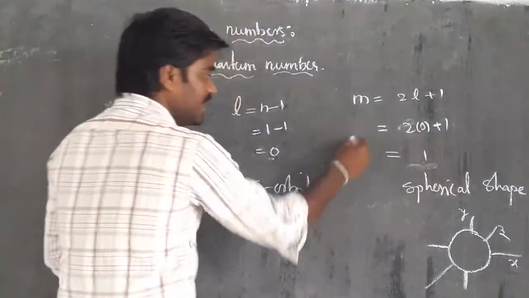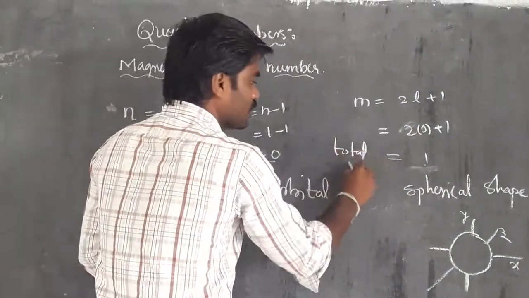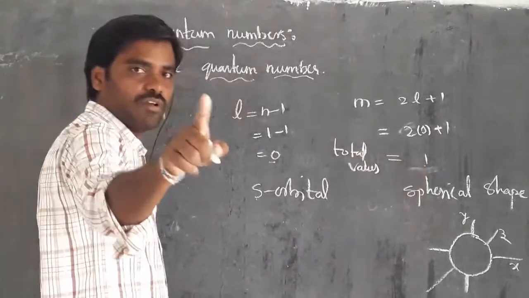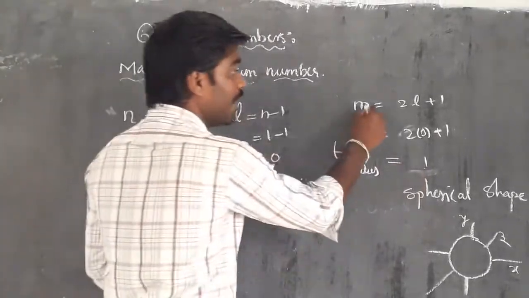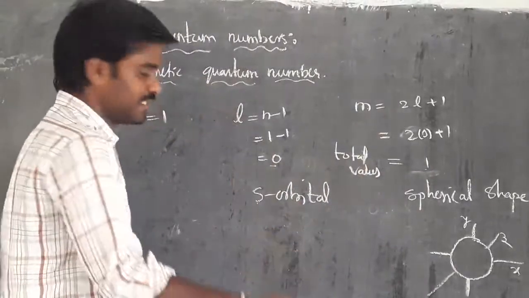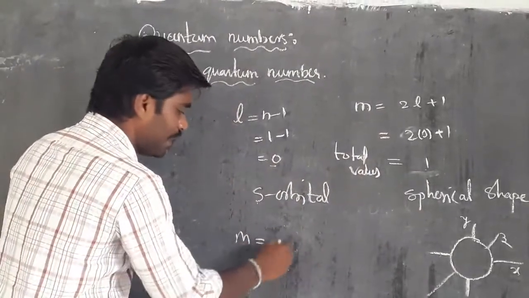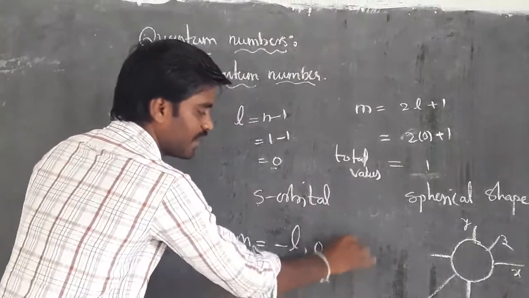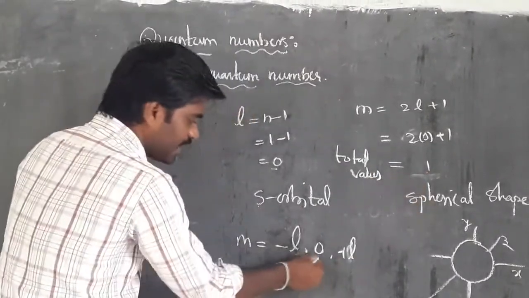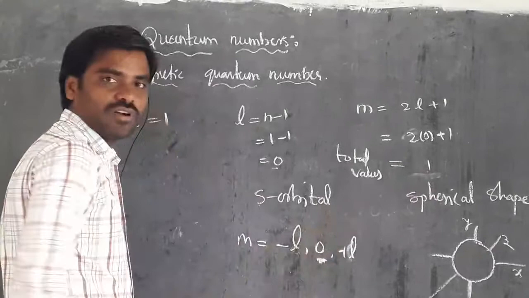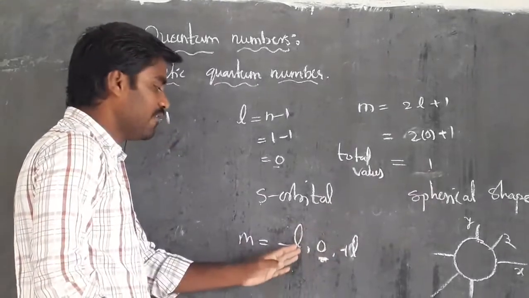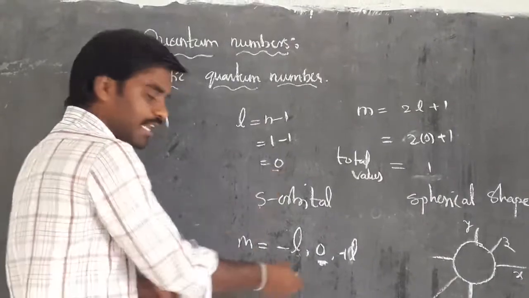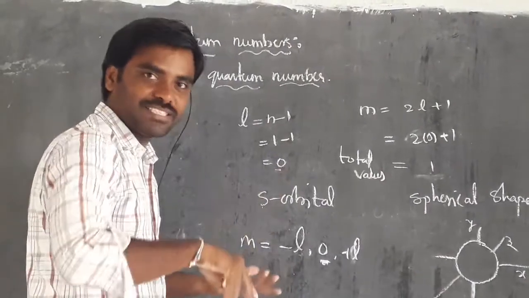This indicates the total number of values. How many values are there? Only one value. What we discussed is that m values are integers, from minus l, 0, to plus l. Here the l value is 0, so can we write minus 0, plus 0?